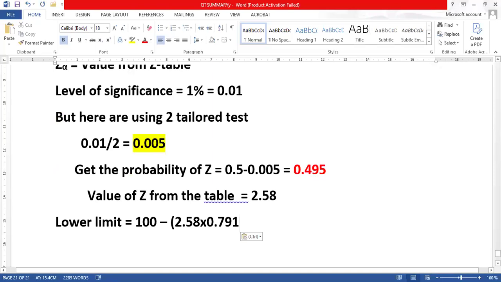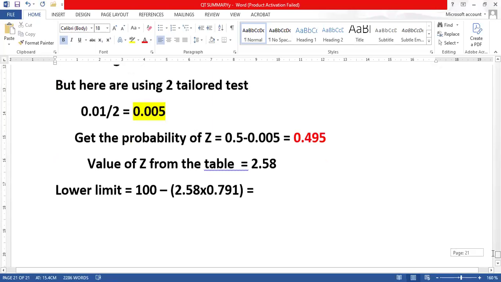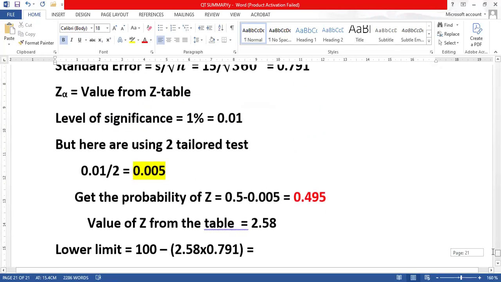So that alpha doesn't mean anything? Pardon? The alpha that you put on the Z value, the alpha is like the basis, the percentage you based on. The alpha can be like this, 0.005.